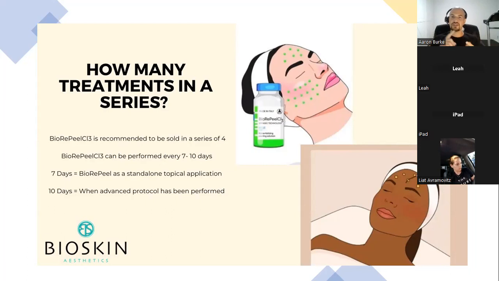It depends on the conditions you're treating, depends on the reaction of the patient's skin to this treatment, what's happened with the pigmentation or the acne or the rosacea or whatever it was that you were working with, and then try to understand where you go from there and how you continue to maintain those results over an extended period of time. But that 7 to 10 day window is basically your window between BioRePeel treatments in the series.